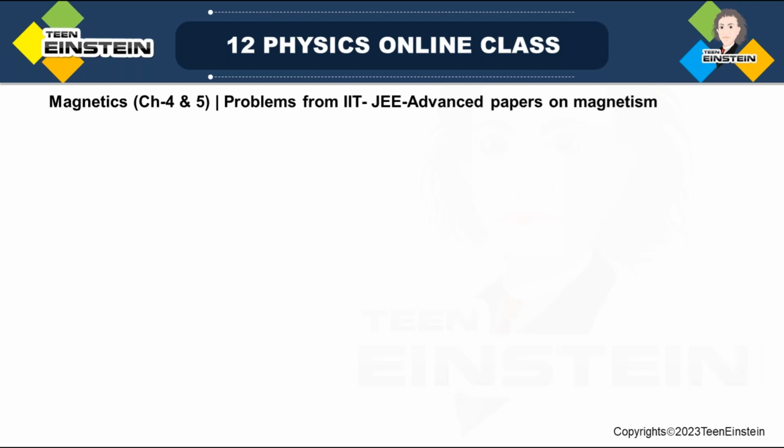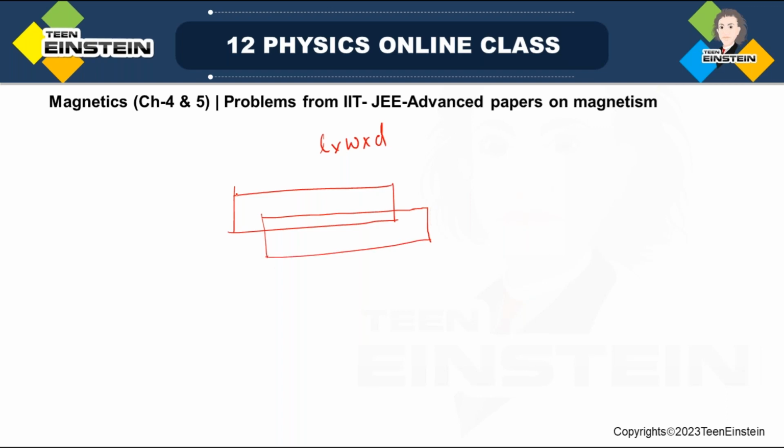It is given that there is a rectangular strip of certain dimensions, we know L, W and D. So this is the dimension, this is the X, this is the Y and this is the Z. We'll draw the reference frame also here: Y, X and Z. Along the Z it is the width.